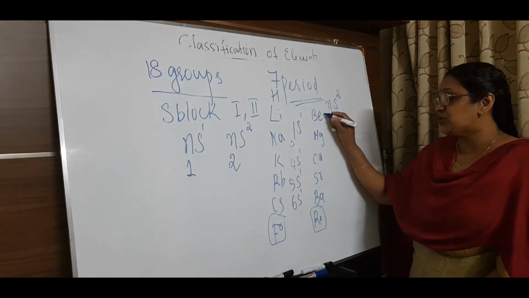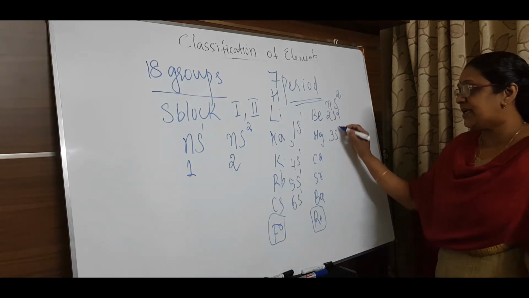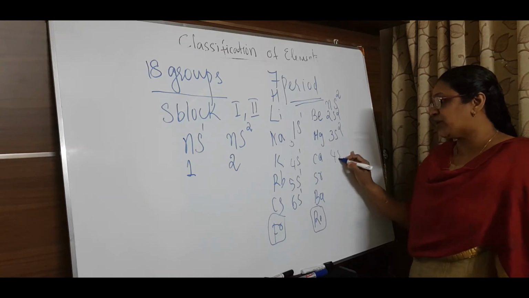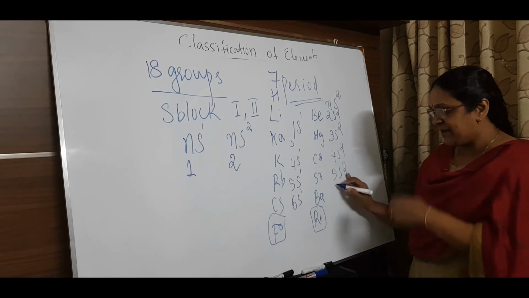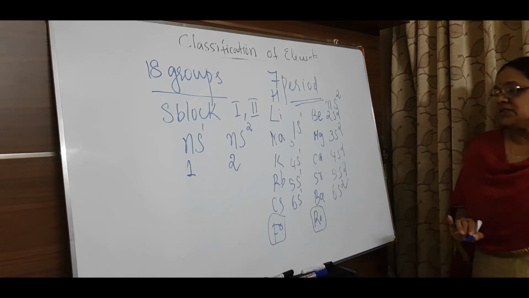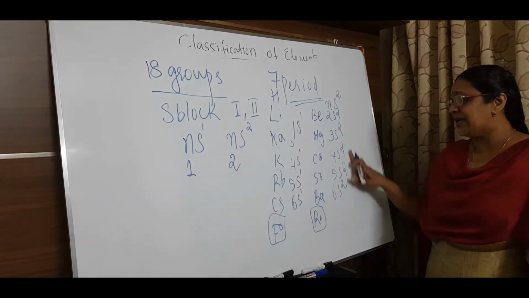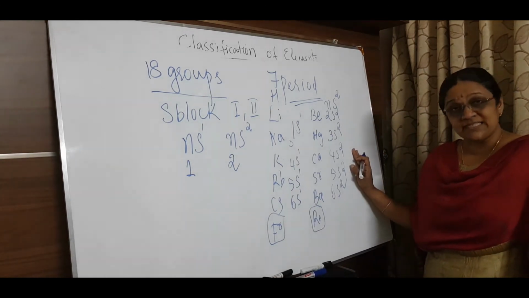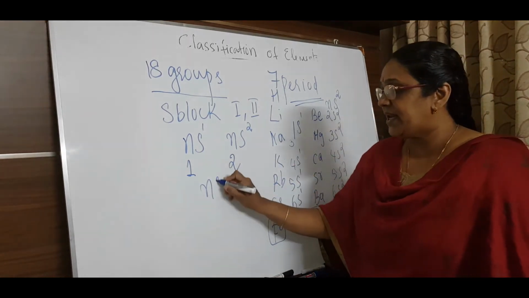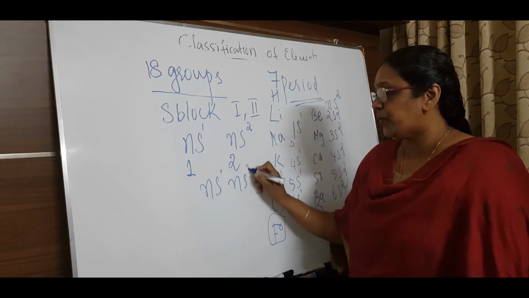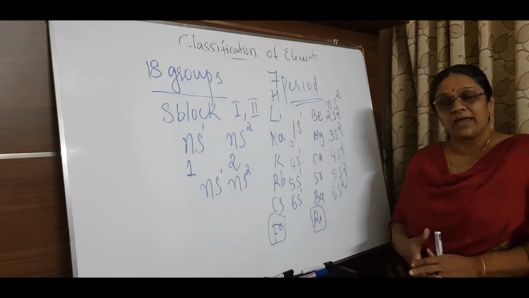So for beryllium you will have 2s2, for magnesium 3s2, calcium 4s2, strontium 5s2 and barium 6s2. So that is the outer electronic configuration of the S block elements: NS1 and NS2.